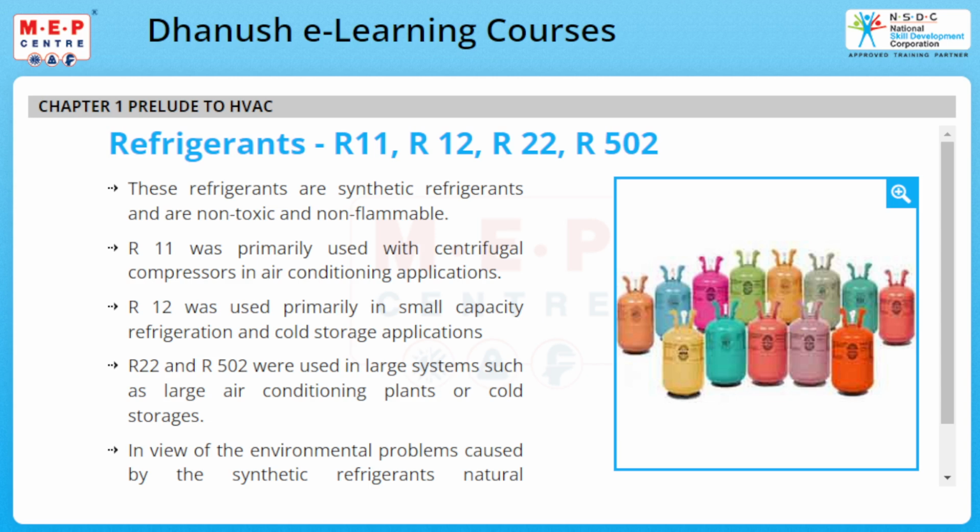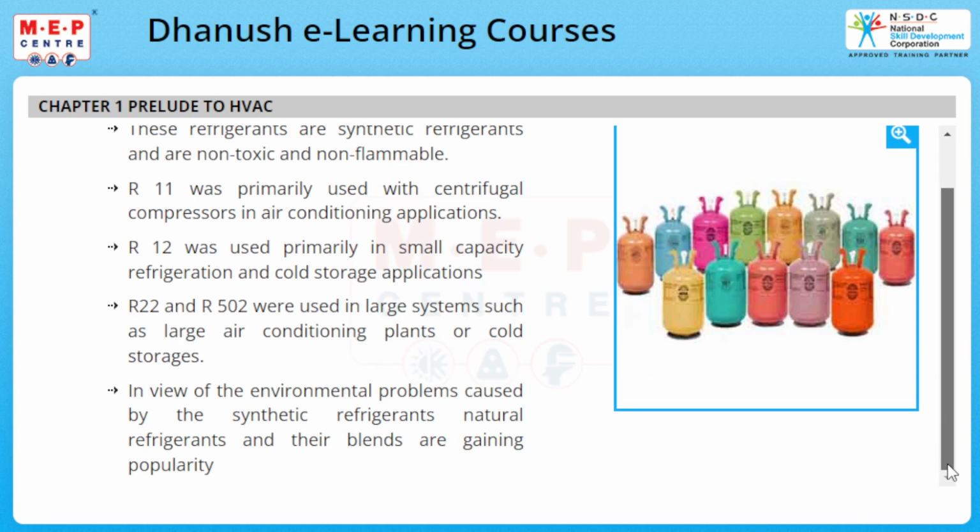R22 and R502 were used in large systems such as large air conditioning plants or cold storages. In view of the environmental problems caused by the synthetic refrigerants, natural refrigerants and their blends are gaining popularity. Let's next look at the heat transfer comparisons.